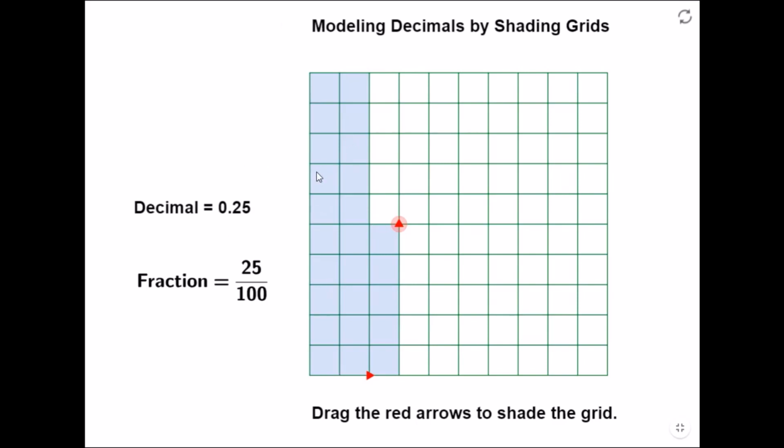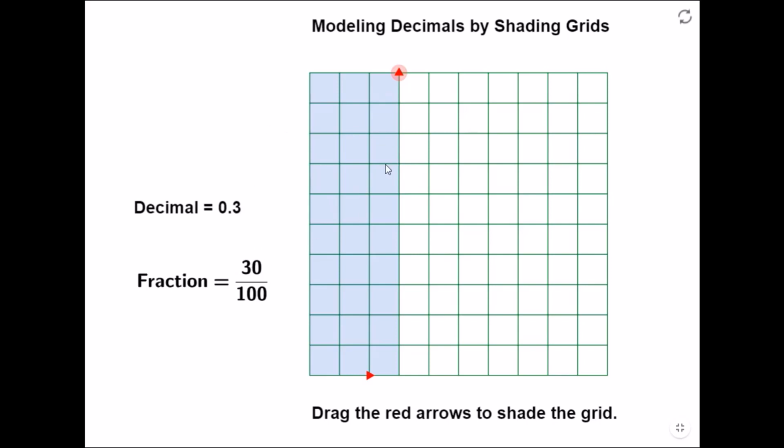Now 25 are shaded, which means as a fraction, it is 25 over 100. As a decimal, 25 shaded is 0.25.